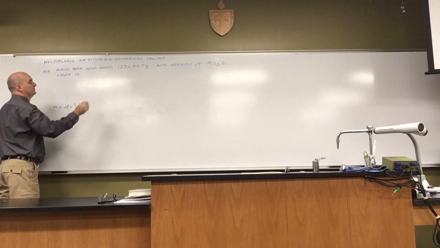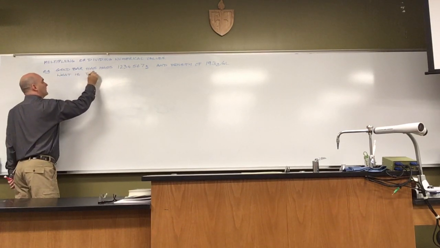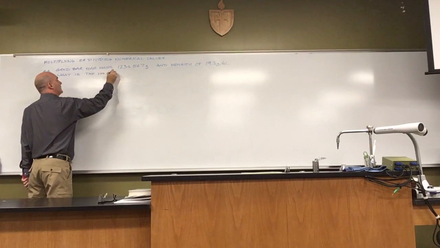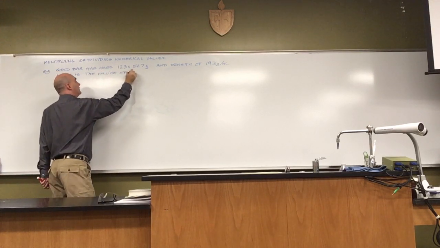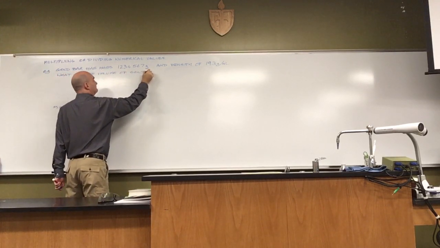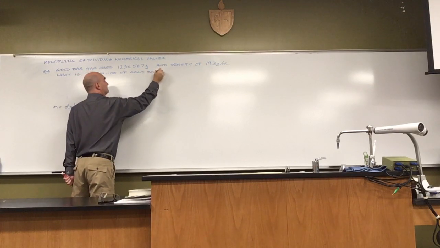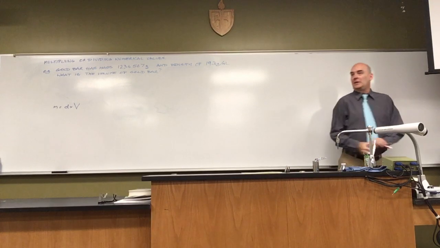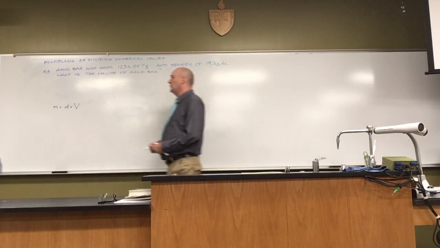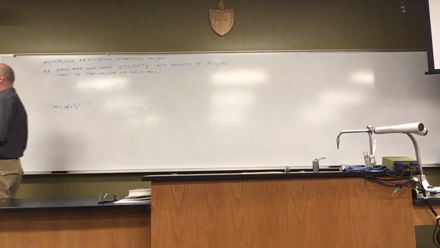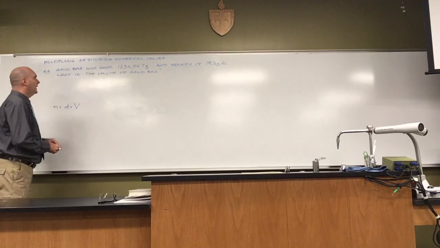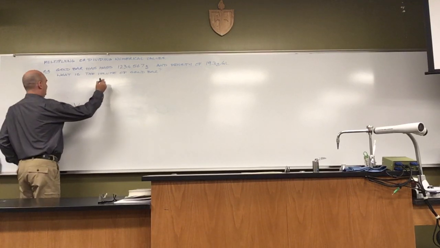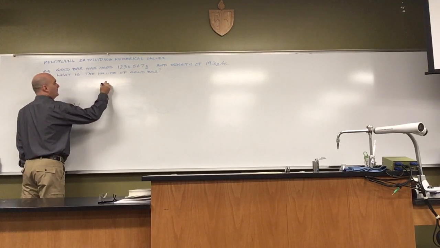What is the volume of that gold bar? Okay? So we know that D equals M over V, therefore M is D times V. Let's do that right from the beginning.